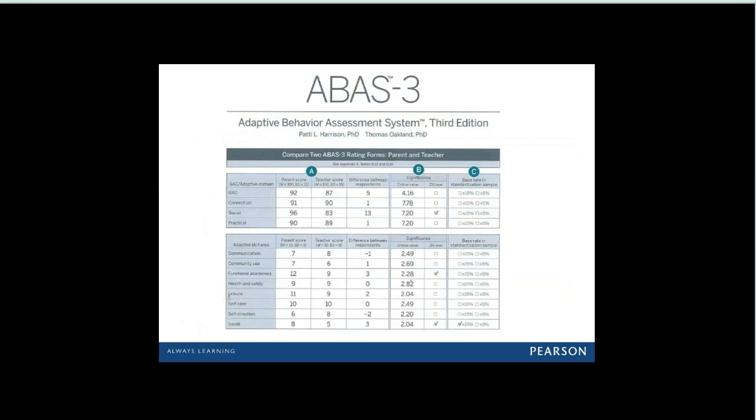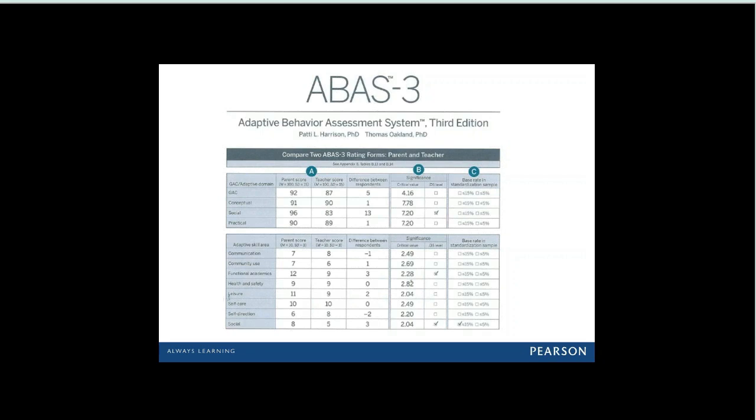If you do want to compare 2 forms, as I mentioned, currently these are in the hand scoring edition and will be updated both in the desktop and online platforms. But currently you can use this particular form, and it's available via our website, or contact me if you don't have access to it and I can send you a link.